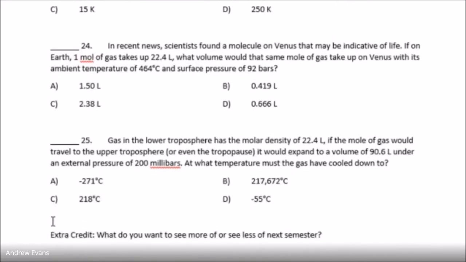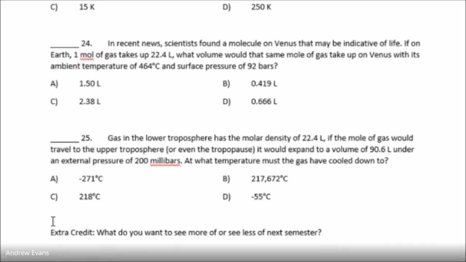The last question here. Gas in the lower troposphere has a molar density of 22.4. If the gas would travel to the upper troposphere or even the tropopause, parts of the atmosphere, it would expand to 90.6 liters under external pressure of 200 millibars. So what would the temperature have to cool down to?